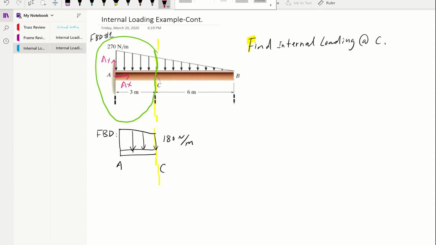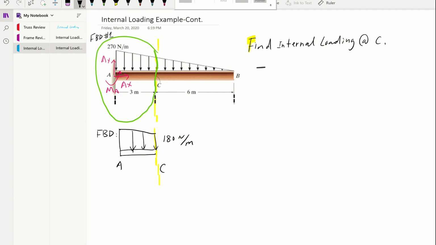If we assume the moment is counterclockwise, this is MA. We need to solve all three unknowns, so let's go ahead and solve them.